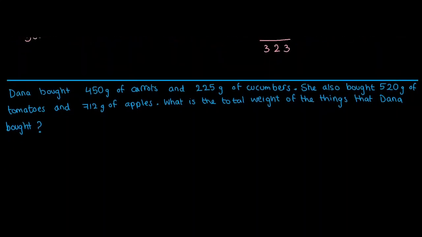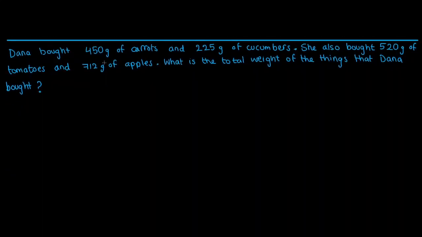One last example. Dana bought 450 grams of carrots and 225 grams of cucumbers. She also bought 520 grams of tomatoes and 712 grams of apples. What is the total weight of the things that Dana bought? So this is the keyword.